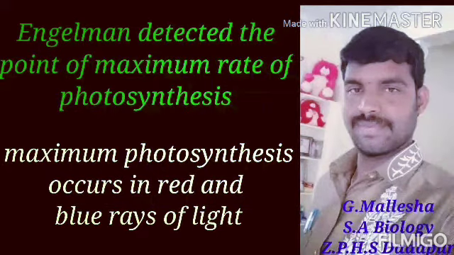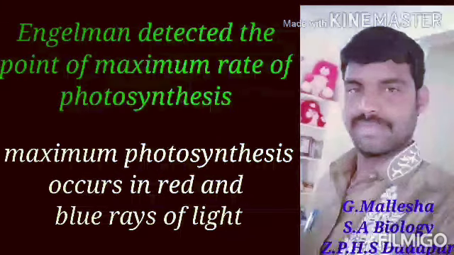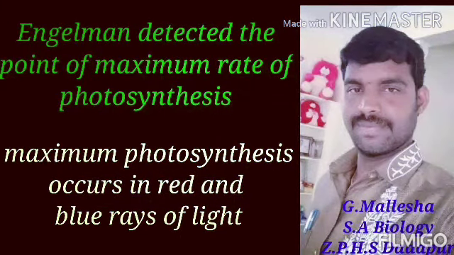So whenever he exposed the oxygen-sensitive bacteria to different colors of sunlight, he observed that more bacteria crowded near the red and blue rays of light. So in this activity he confirmed that the maximum point of photosynthesis occurs in red and blue light.